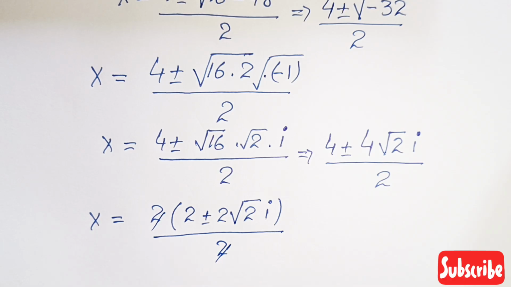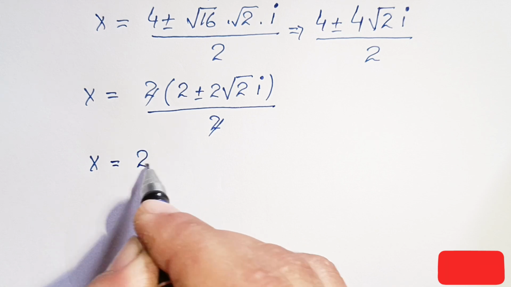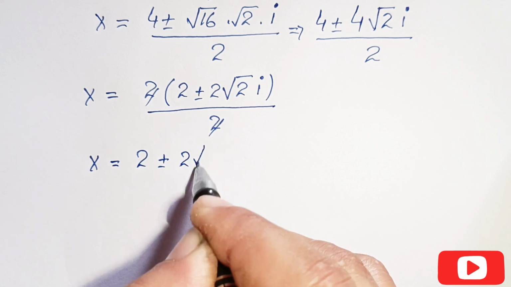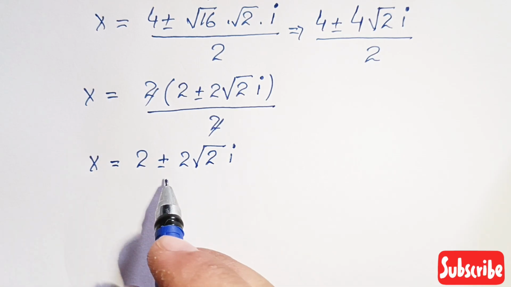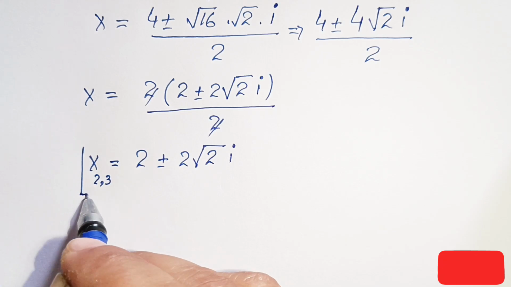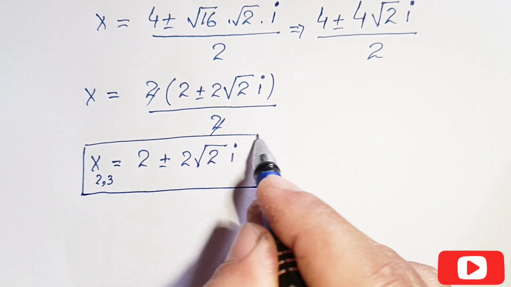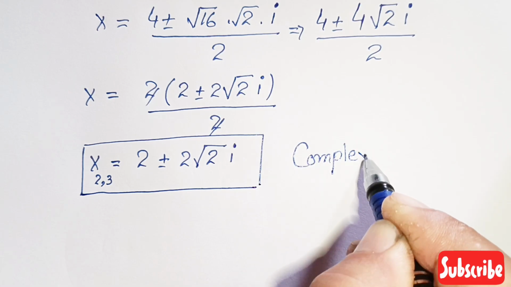Cancelling 2 with 2, we have the value of x is 2 plus minus 2 times square root of 2i. So these are our second and third solutions of x, and we see that it is a complex solution.